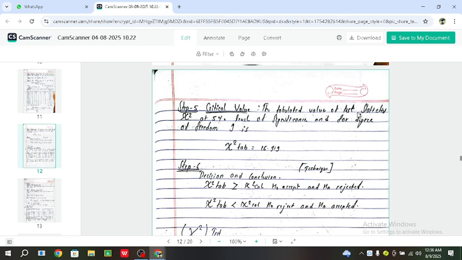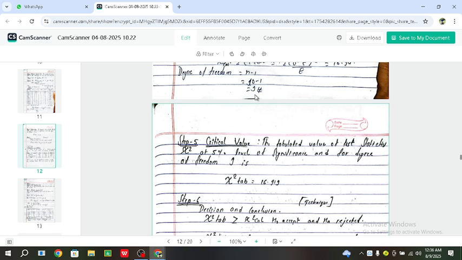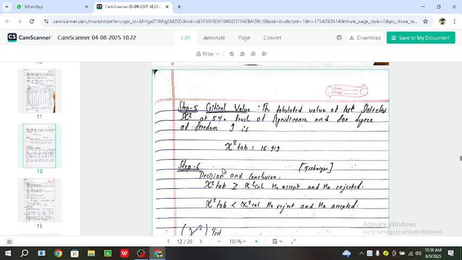The tabulated value of the test statistic chi square at 5%, because if a question does not give the significance level, we also have to assume 5%, but here it is already given: 5% level of significance, and degree of freedom 9. That means here we already got 9. Just go to the table and look at the videos.